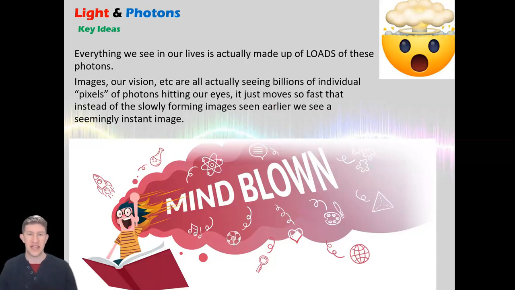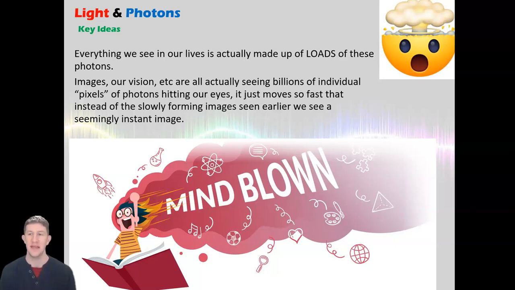So this is the really interesting thing. Everything that we see in our life, images, our vision, all of that, is actually made up of lots and lots of these photons. You can almost consider it like pixels, where the resolution is to do with how many pixels, so to speak, of photons that we see. So all of our vision is made up of these tiny, tiny photons hitting our eyes.